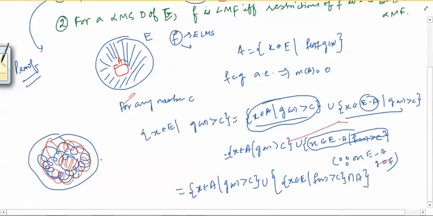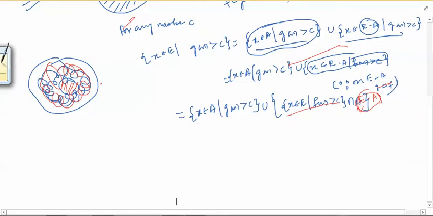It should be E minus A. So I am collecting all the points of E where f of x is greater than C, and then taking the intersection with E minus A. In that way, I will get that part of E minus A where f of x is greater than C, right? So I will write it neatly so that things are clear.